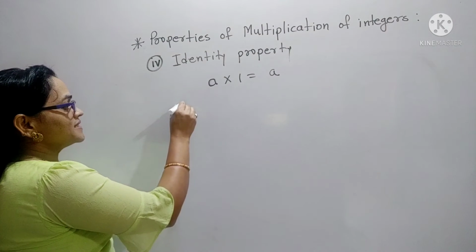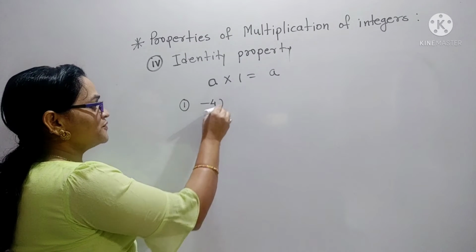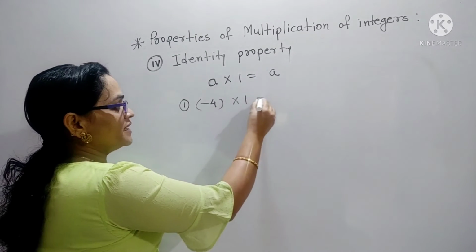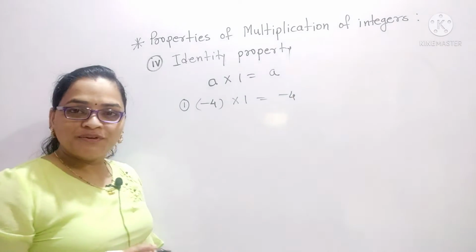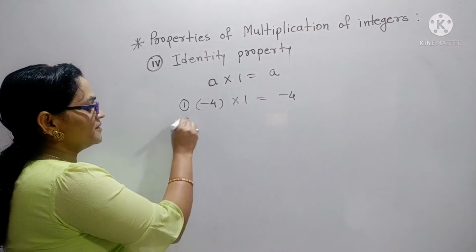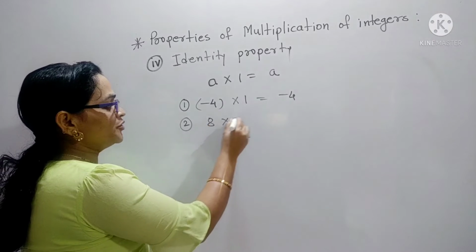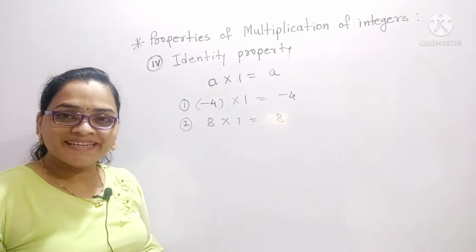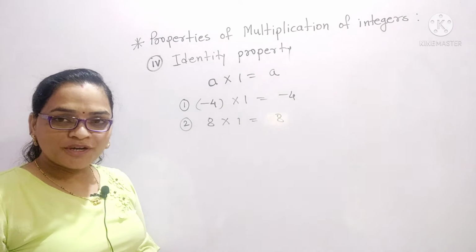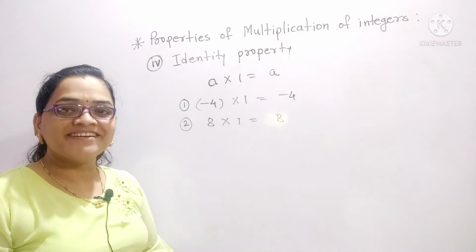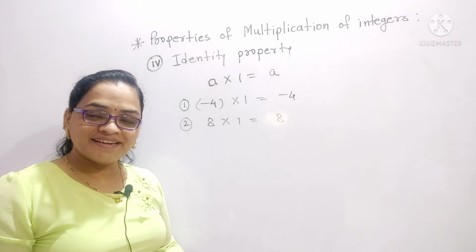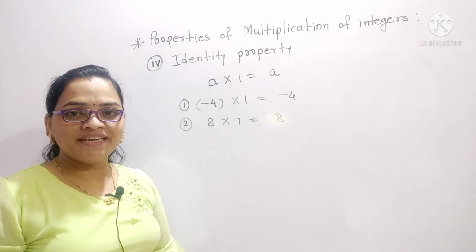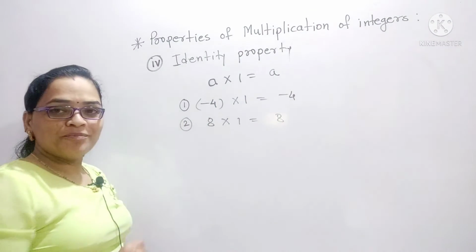See the first example: minus 4 is an integer, into 1 is equal to minus 4 only. Second example: 8 into 1 is equal to 8 only, and this is an integer. So the product of any integer and 1 is that integer itself, and that is the identity property.